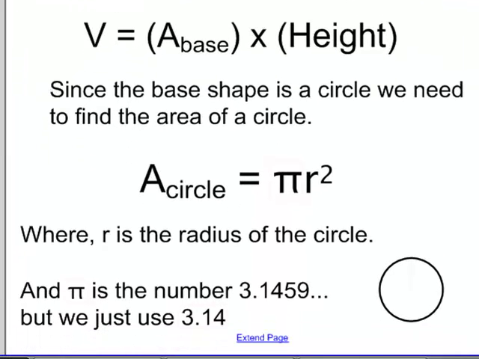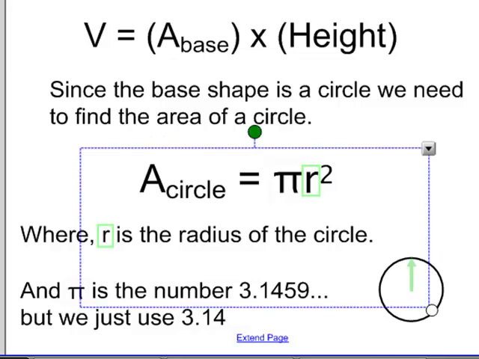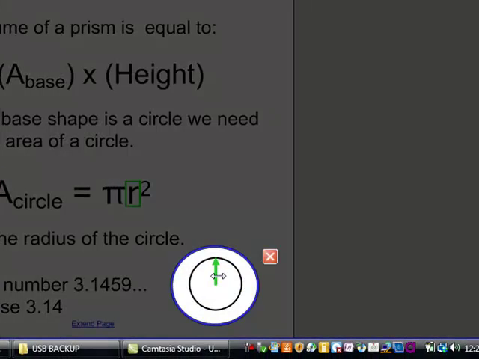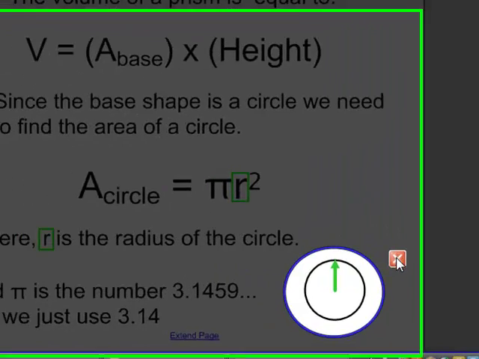Recall from last year that the area of a circle is given by the formula pi r squared, where r is the radius of the circle. Remember that the radius of a circle is simply the distance from the center to the edge. It doesn't matter in which direction you measure it, it's always going to be constant.